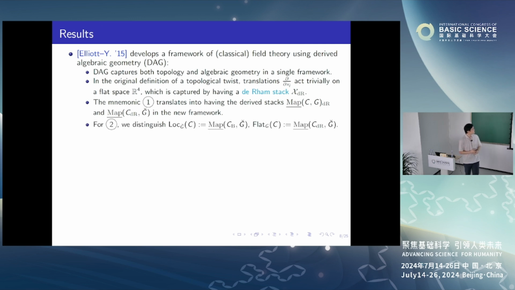And again, I mentioned in the second point, this what is called the Loc G and flat G, they are different. Their difference can also be captured by the notions in derived geometry.